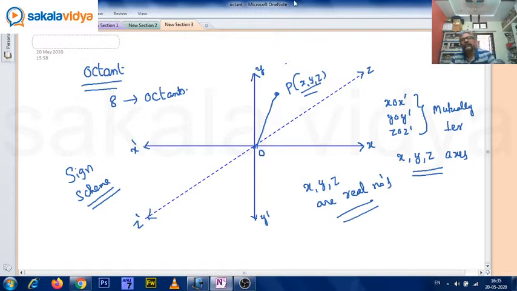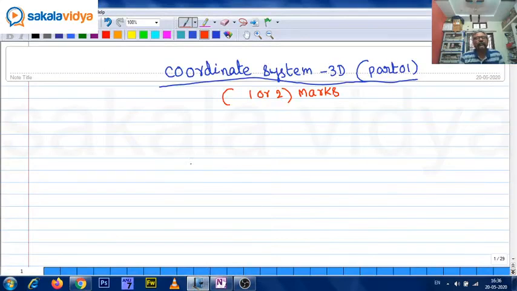The coordinate axes divide the space into 8 equal parts, and each part is called an octant. In each octant, what will be the coordinates of the point? The sign scheme you need to remember.